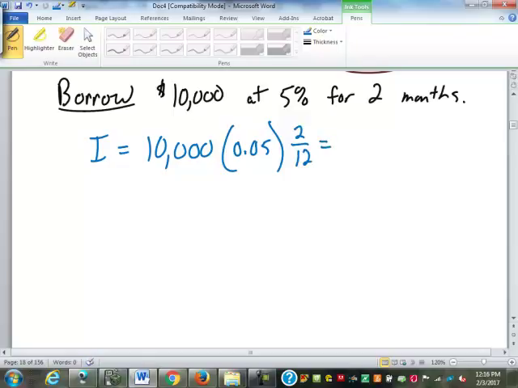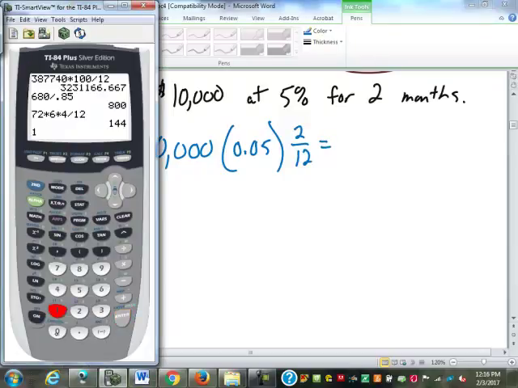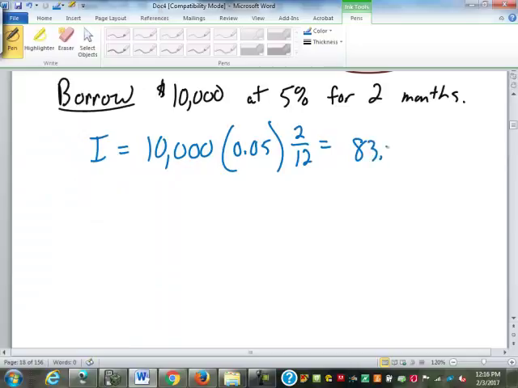Now this is going to be an ugly decimal. So it's 10,000 times 0.05 times 2 divided by 12. Gives us $83.33 is my interest.